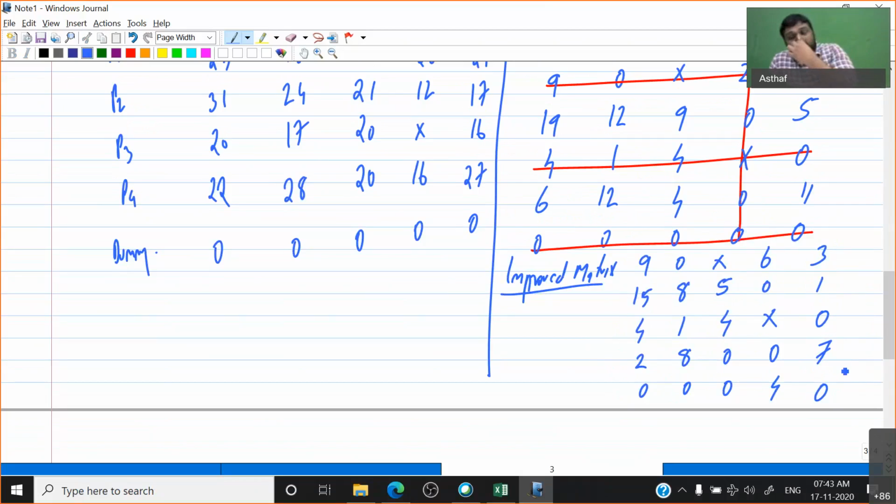Yes. Now what do we have to do? If you have done the improved matrix, then we have to cross all the 0s with the minimum number of lines. So here I crossed.